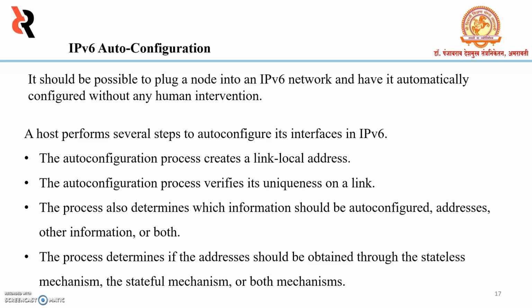If the uniqueness test is passed, the host stores this address as its link local address, that is, for private communication. But it still needs a global unicast address. The host sends a router solicitation message to a local router.